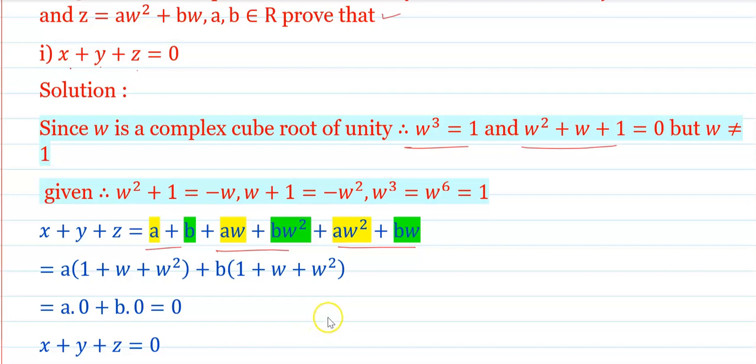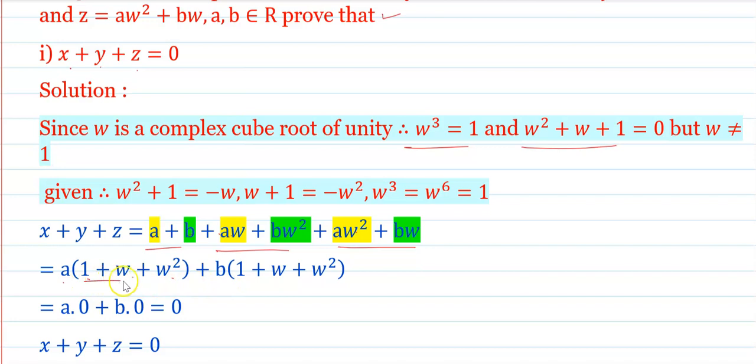Now we will group like terms, that is the terms of a and the terms of b. The terms of a, we denoted in yellow there. Okay, a, a omega and a omega square, and from these three we take a common. Then in bracket you will get 1 plus omega plus omega square. And what about the b? The terms of b are denoted in another color. Okay, b, b omega square and b omega. Take b as a common.